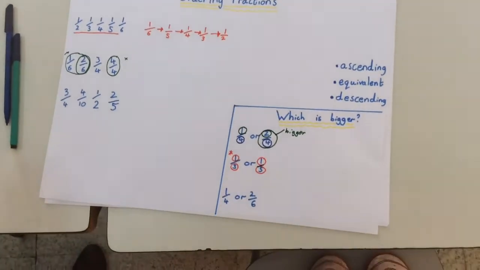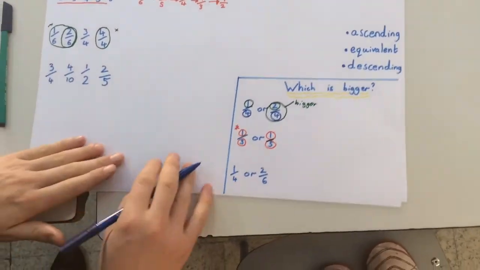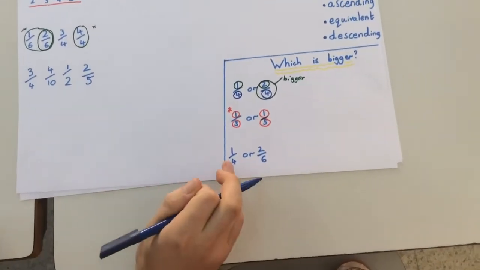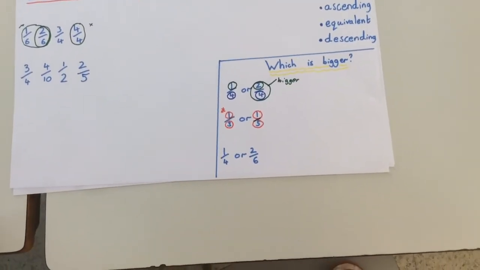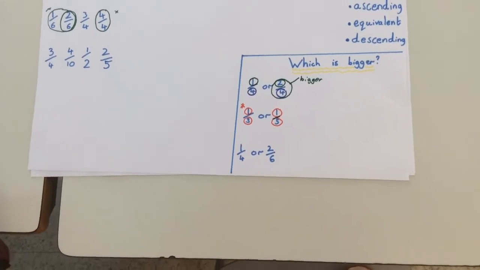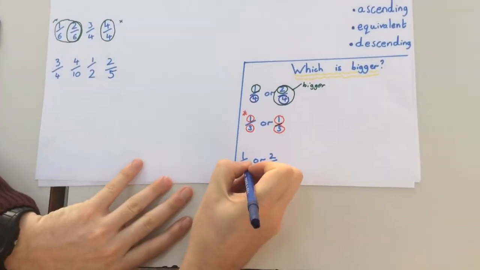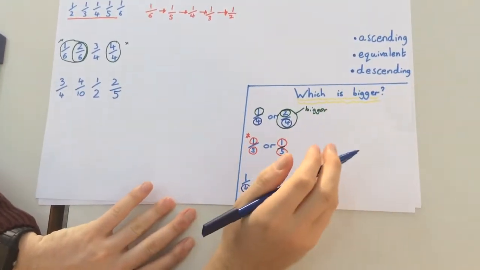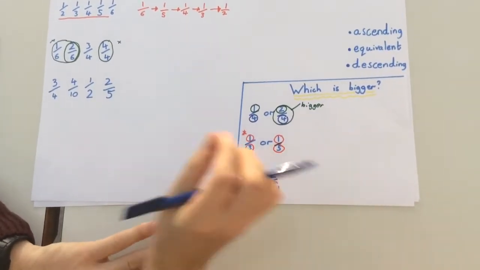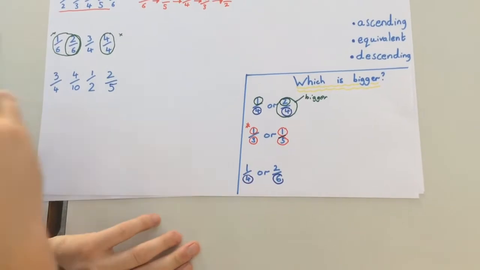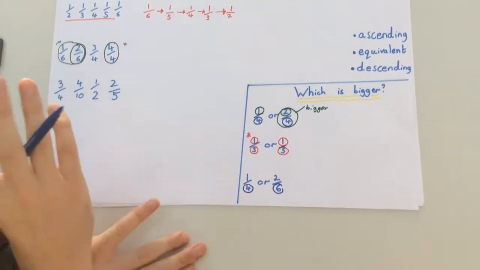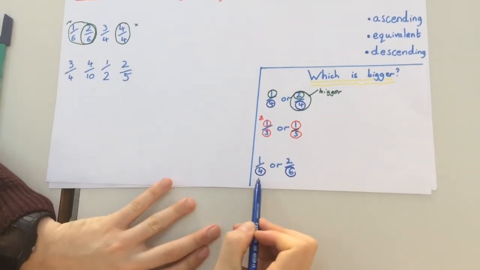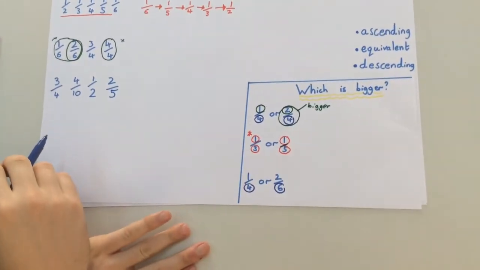Now, the final one, and the hard thing with ordering fractions, is when both bits are different. I've got a quarter and 2/6. And here, what I have to do is make the denominators equivalent. And as we talked about when we looked at equivalent fractions, whatever I do to the numerator, I must do to the denominator. So we need to make these two have the same denominator.